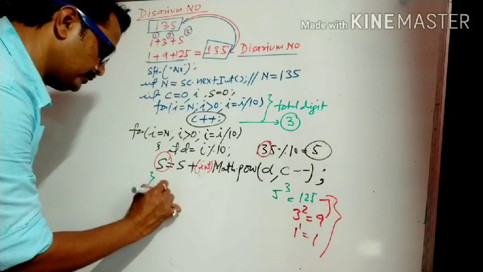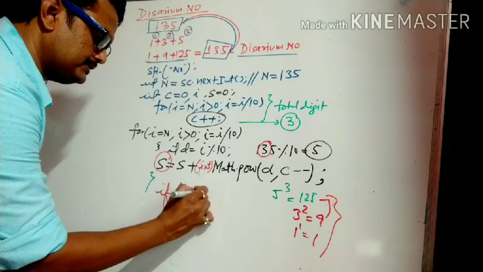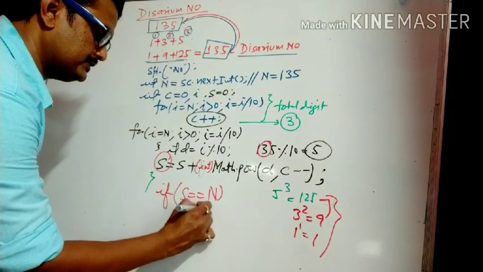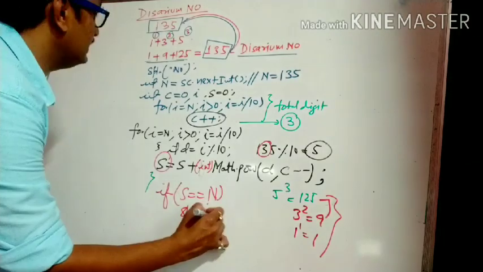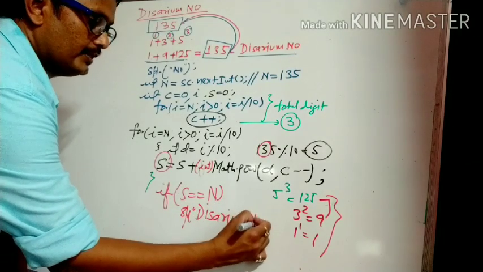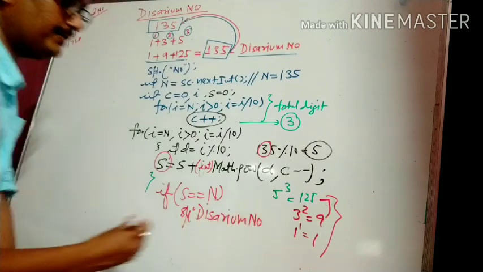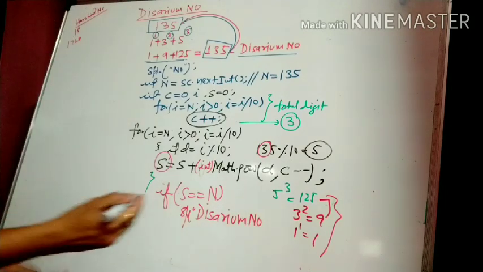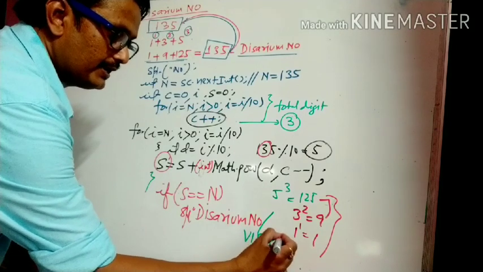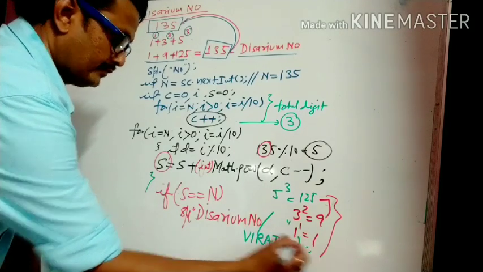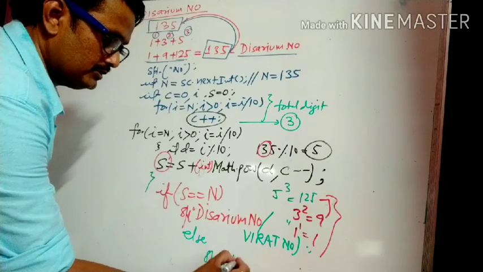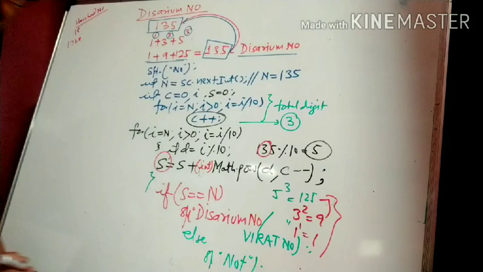Outside of the loop, you write: if s is equal to the original number, this is a Disarium number. This Disarium number is also known as Birat number, B-I-R-A-T. If the condition is false, then it is not a Disarium number.